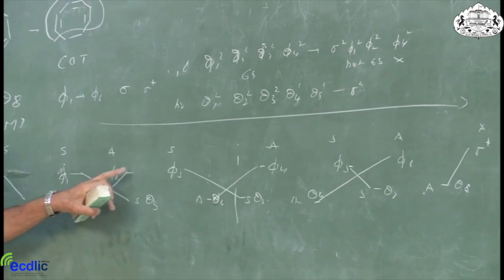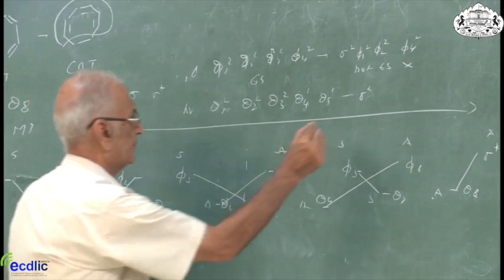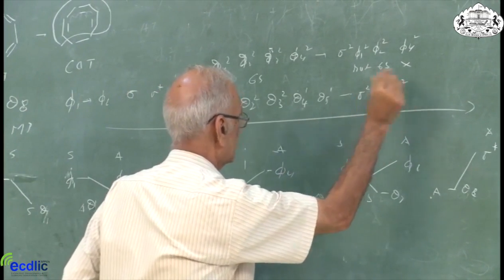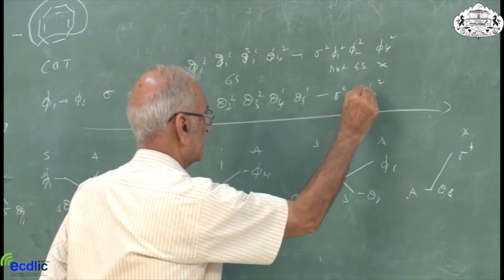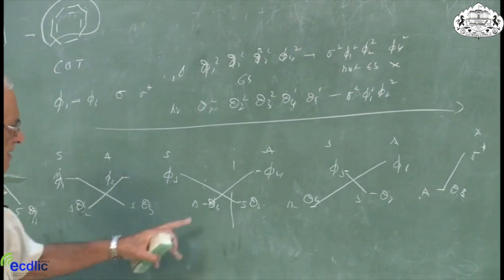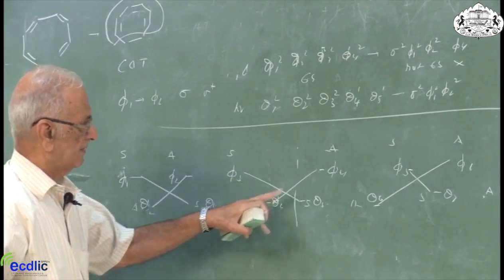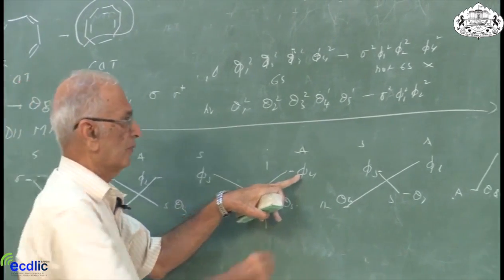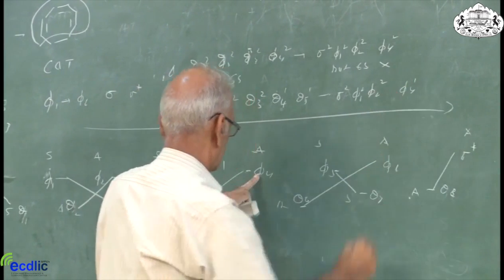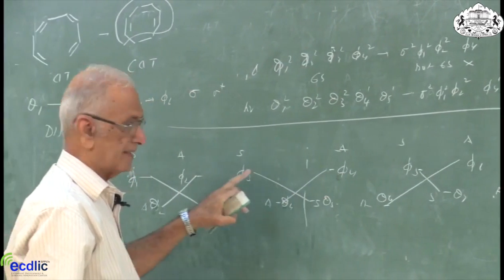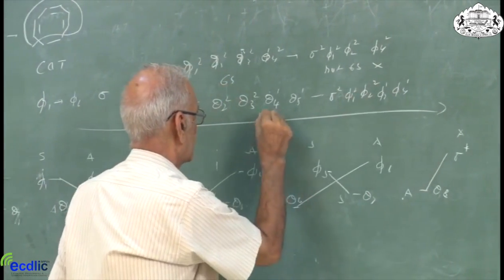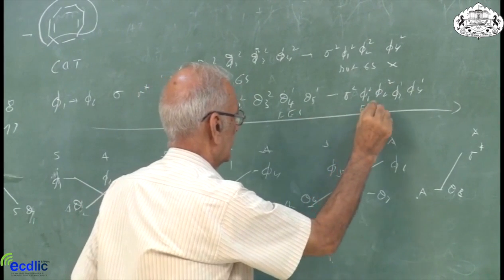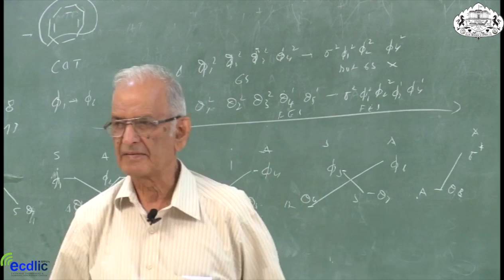Theta 2 will go into phi 2. Theta 3 2 will go into phi 1. Theta 4 1 will go into phi 4. And theta 5 1 will go into phi 3. First excited state has given first excited state.